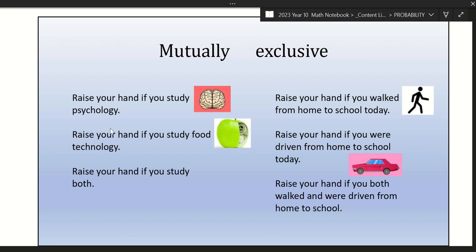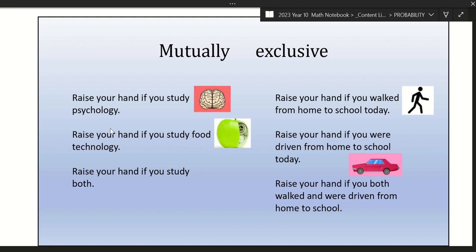Oh, fantastic. Okay. So here's the thing. Whenever you work with sample sizes in any class or any group of people, you might find there are people that have something in common. So Tiana walks to school but also gets driven to school sometimes, whereas someone like Sam, do you drive to school, get driven, or walk?